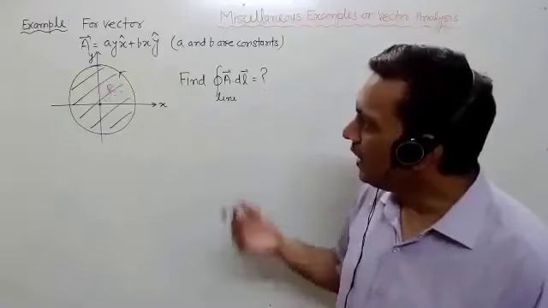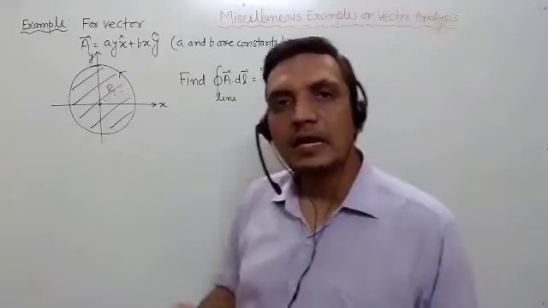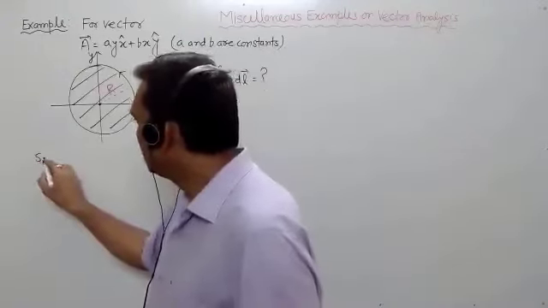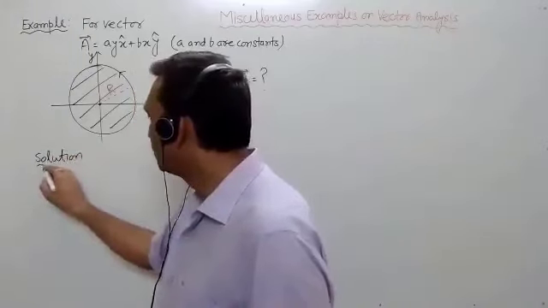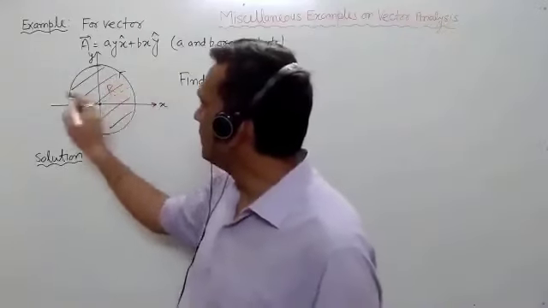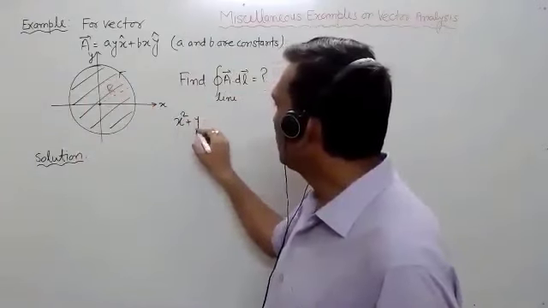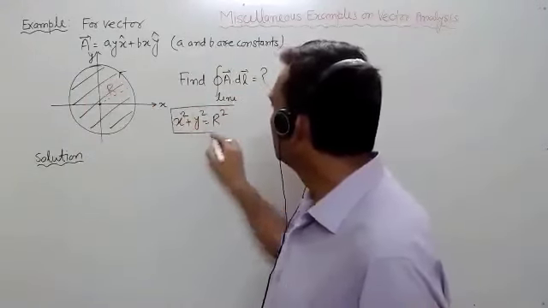So let us first see what will happen when you calculate this in Cartesian coordinates. How to calculate this in Cartesian coordinates? You know the equation of the circle is x square plus y square is r square.